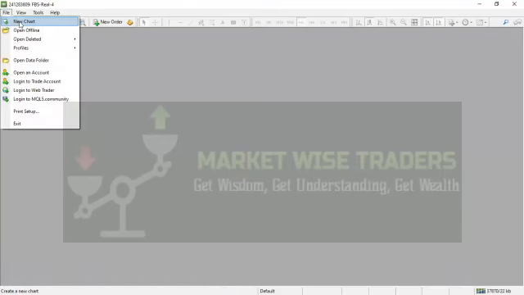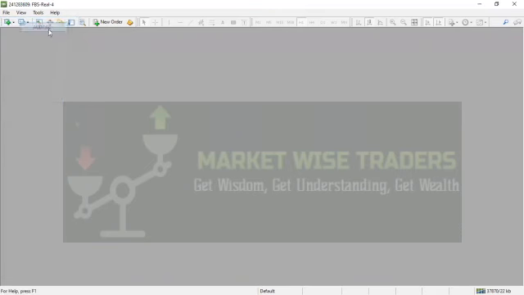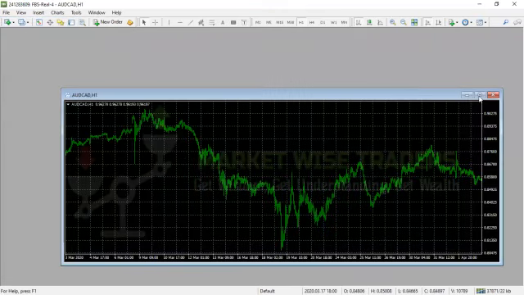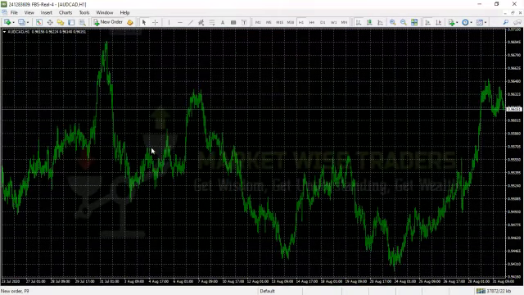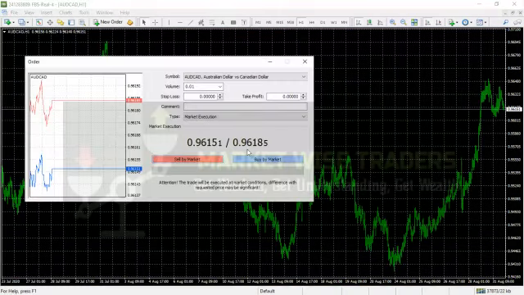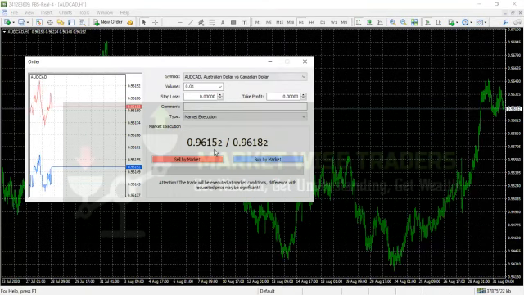Just open a chart. Even if I just say new order, can you see this quote? So already you can see this is 1, 2, 3, 4. The spread here is this 18 minus this 15, so it's 3 pips, which is these 2 lines here.